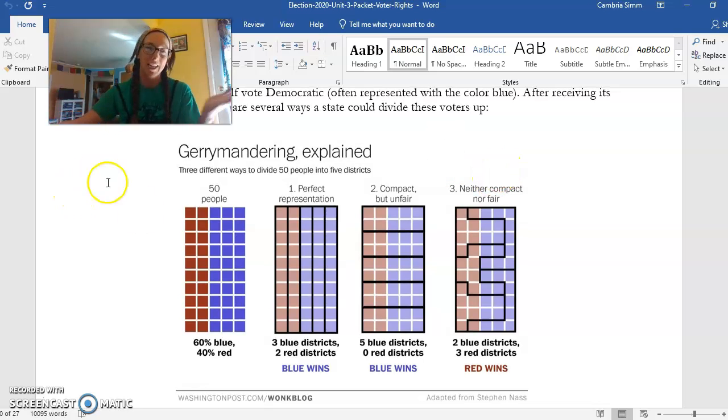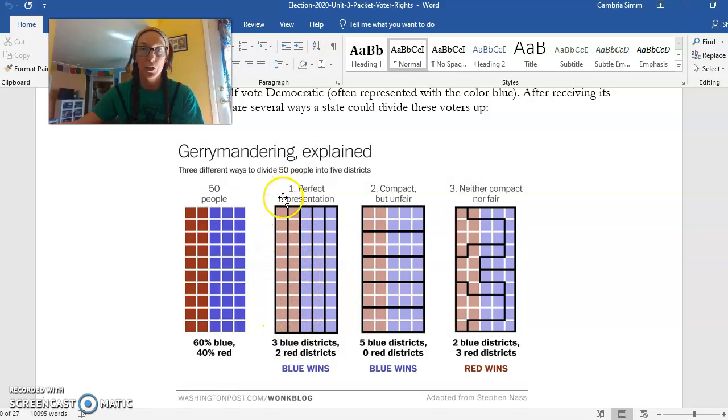So it'd be great if every state was just a perfect rectangle like this. We've got about 60% of this voting population voting blue or Democratic, and we've got about 40% voting red or Republican. Perfect representation would divide up this state like this in columns.